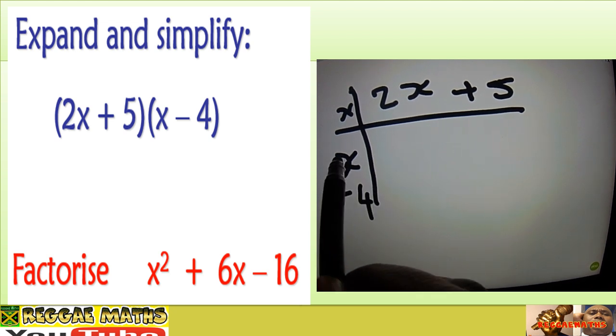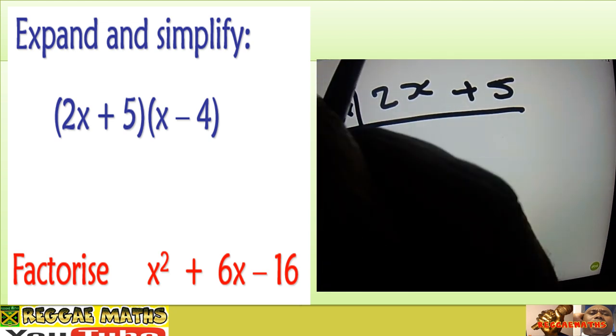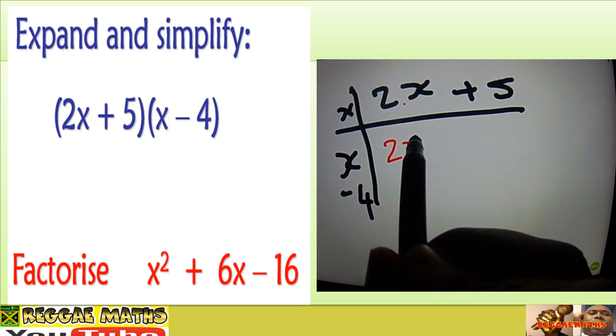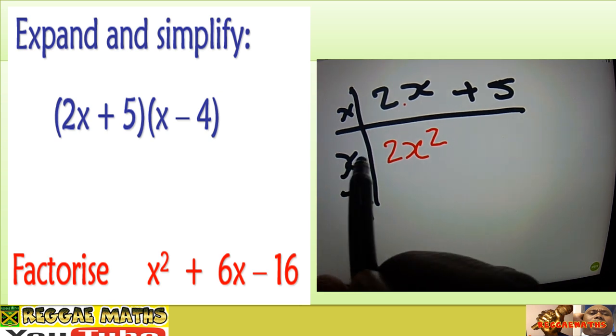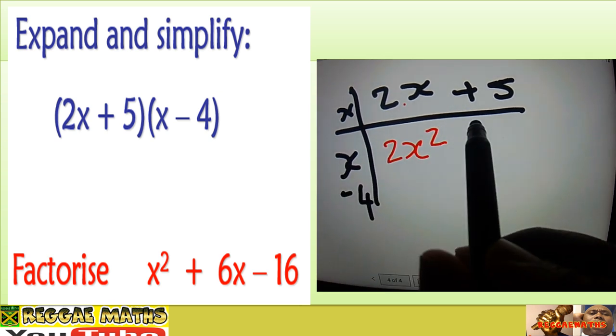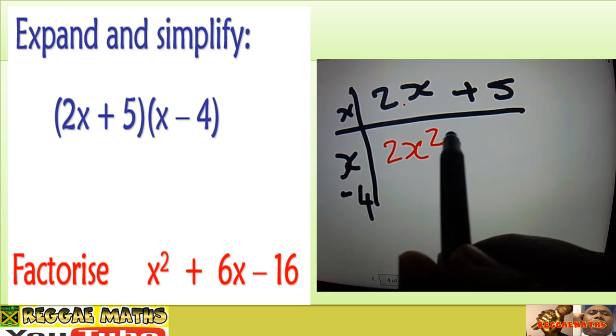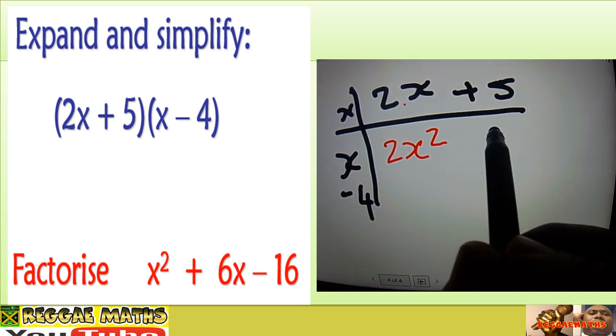So basically x times 2x is 2x squared. x times 5 is 5x.